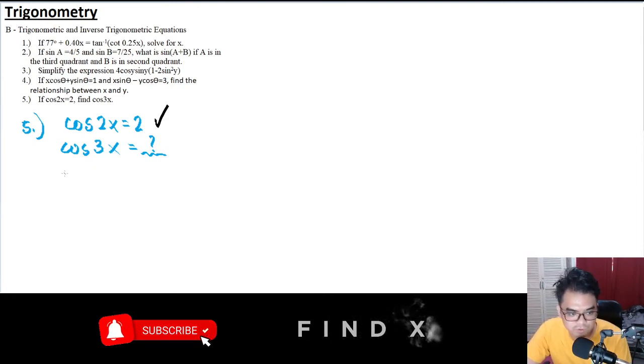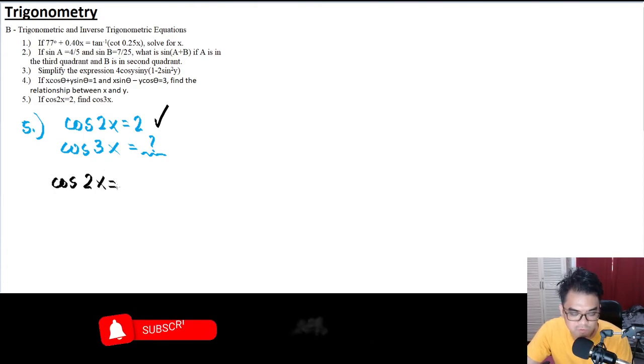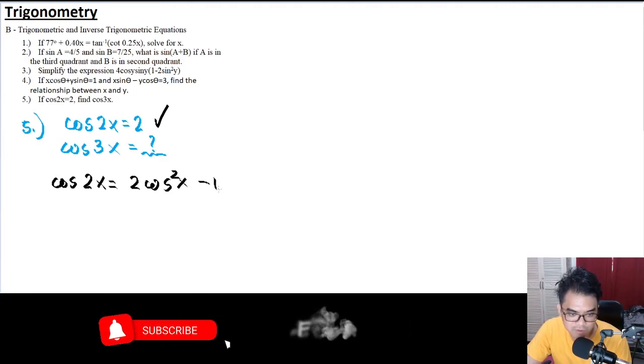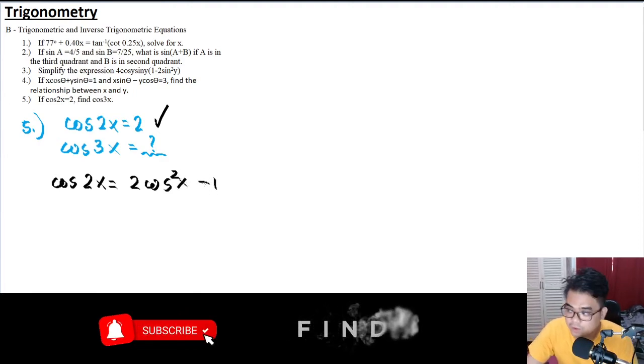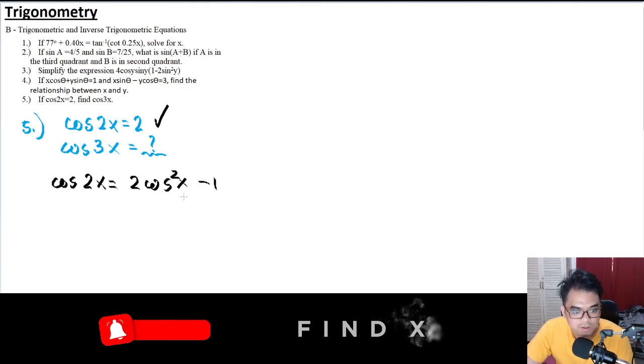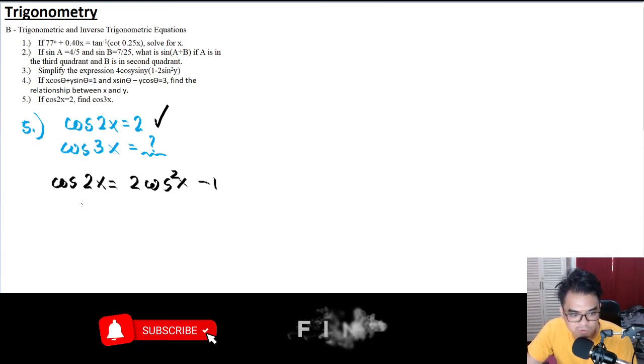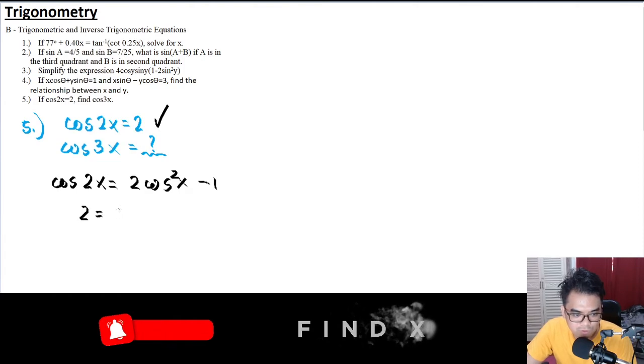So for the solution of this one, cosine 2x is also equal to its double angle identity, which is 2 cosine squared x minus 1. So from this equation, we can try to find the value of cosine x. We already know that cosine 2x is equal to 2, so that will be 2 cosine squared x minus 1.